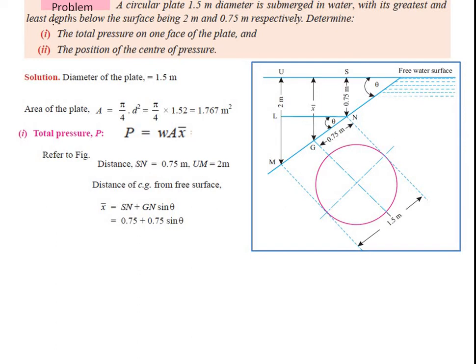Now here I think theta angle has not been given, but we have the two lengths: here the distance is 0.75 and here the distance is 2 meter, and this distance is 1.5 meter. So by this we can calculate the distance LM.